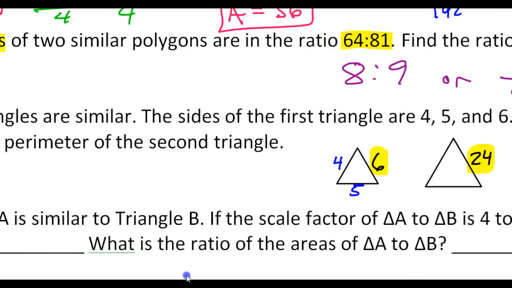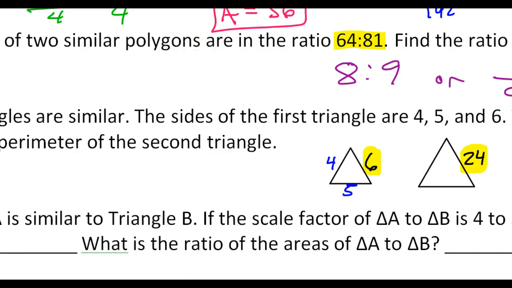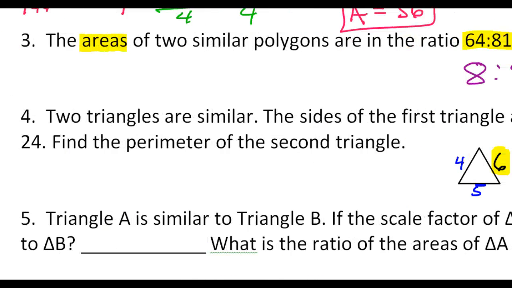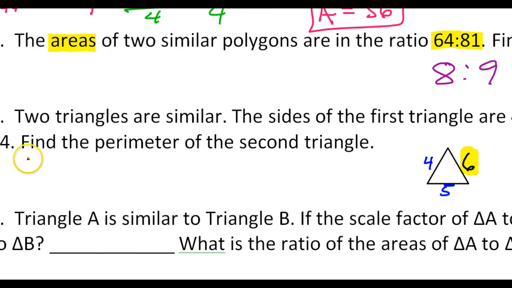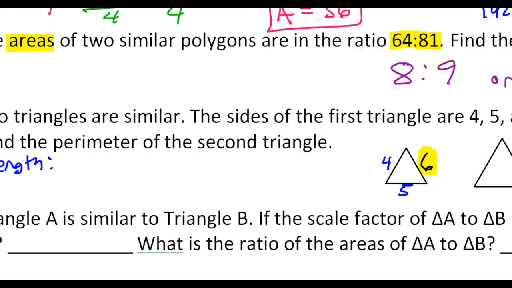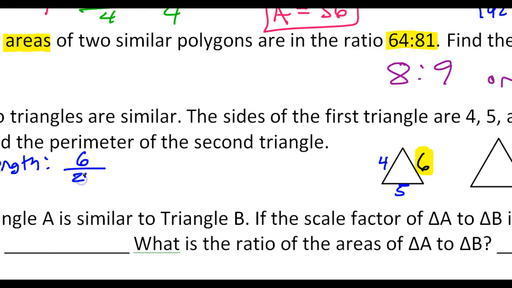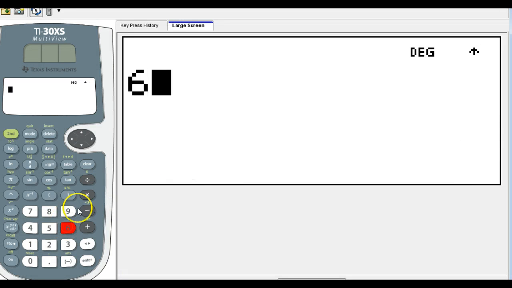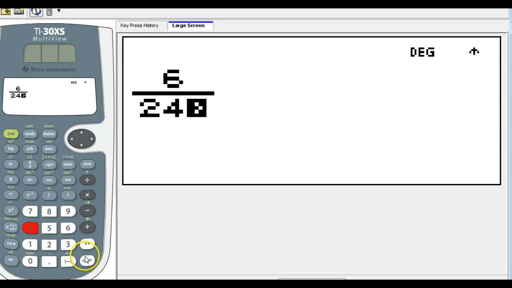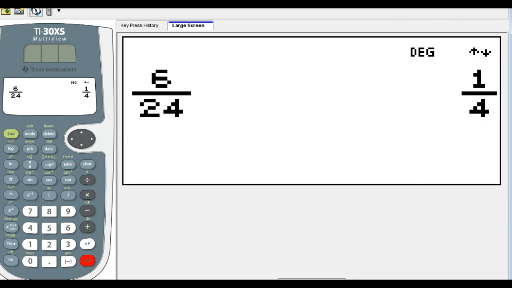So far that means I have a length scale factor of 6 to 24. And of course that reduces down to 1/4. Okay, so I have a scale factor of 1/4.